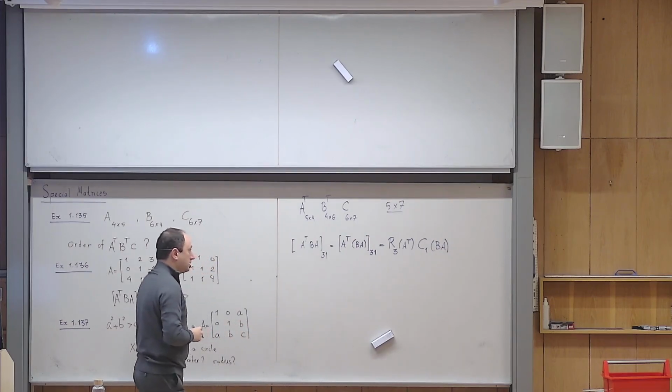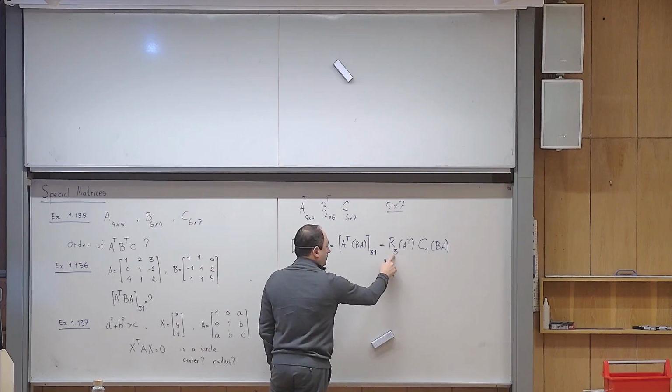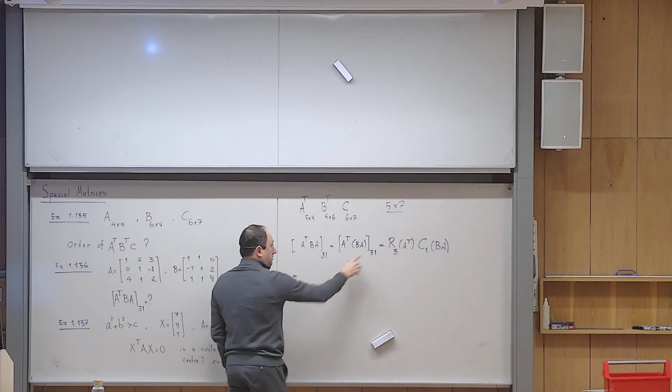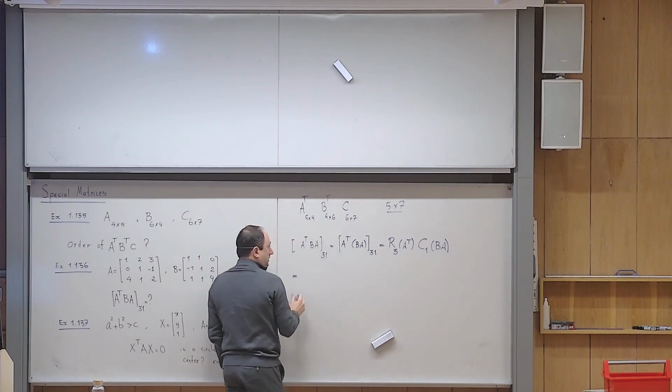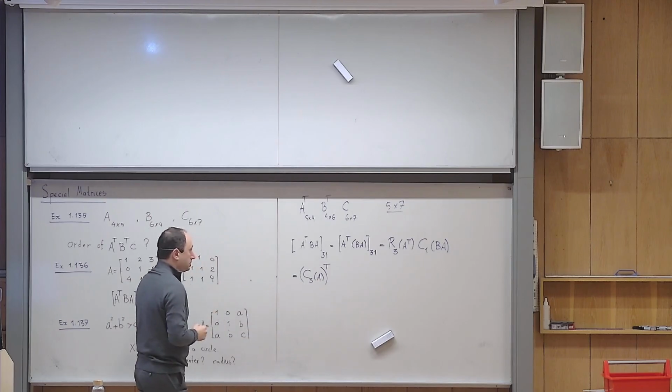But today we just learned about that. Do you remember what is the third row of A transpose? It is the third column of A, but transposed. Yes? That is what we learned today.